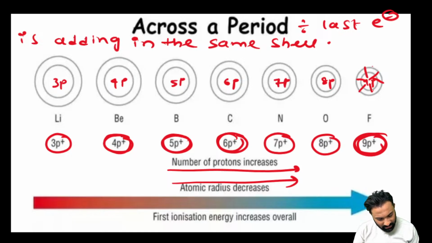When the nuclear charge increases, it attracts its valence electrons towards itself. That's the reason the number of protons increases and atomic radius decreases. Clear? This is about across the periods.